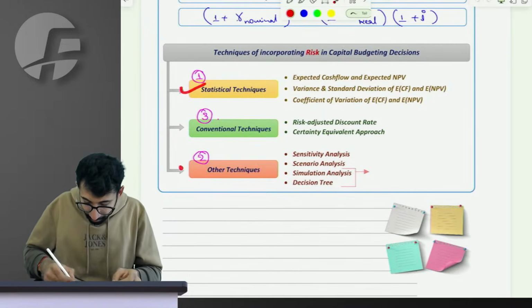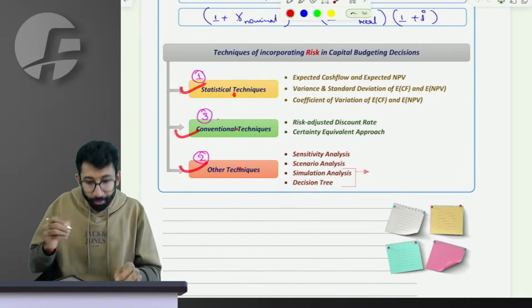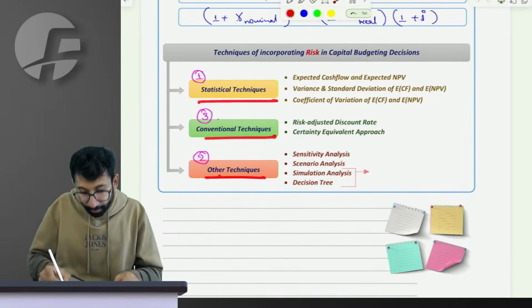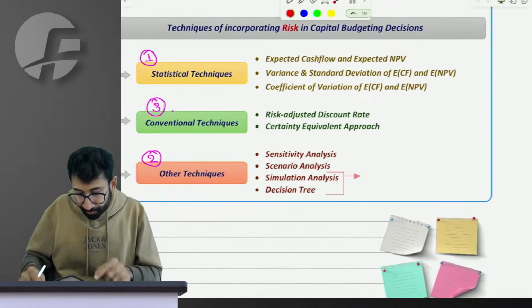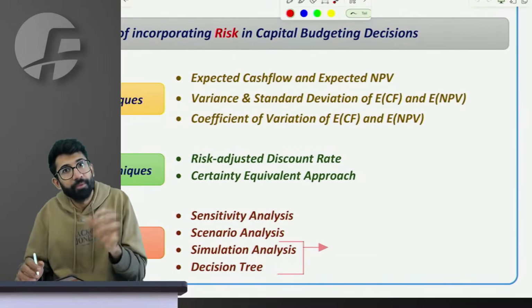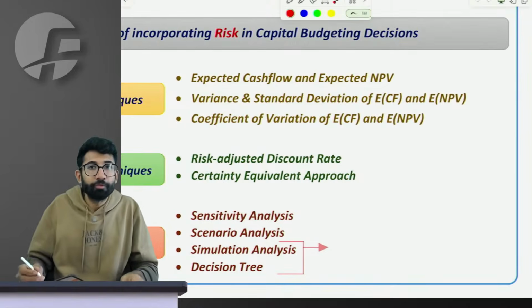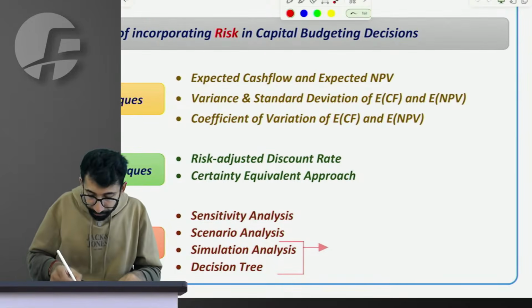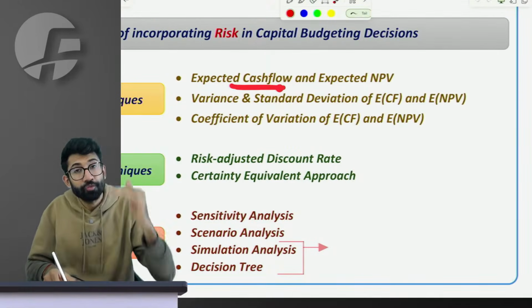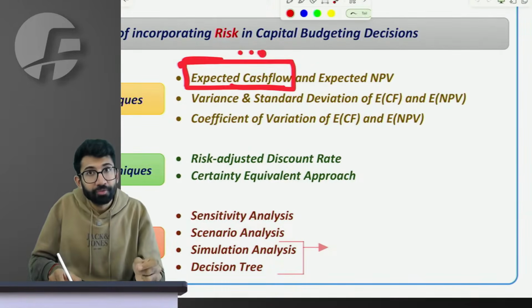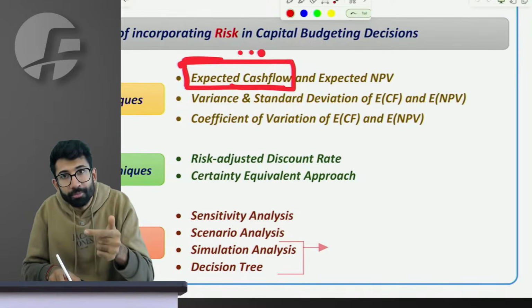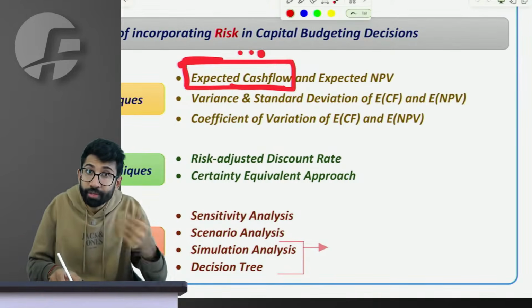There are three techniques broadly through which you can do it: statistical, conventional, and other techniques. When it comes to statistical, what all do we need to learn? It is very well relatable to portfolio management. We will learn if you have cash flows and their probabilities, how can we calculate expected cash flow, similar to how possible returns and their probability lead to expected return.